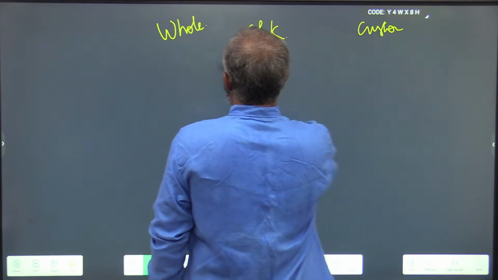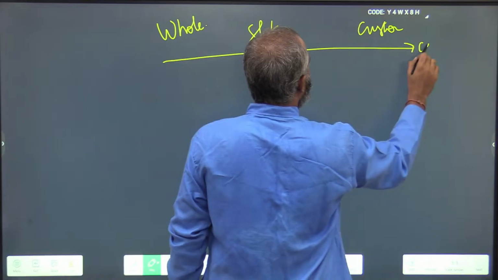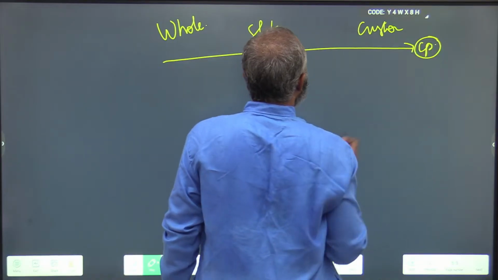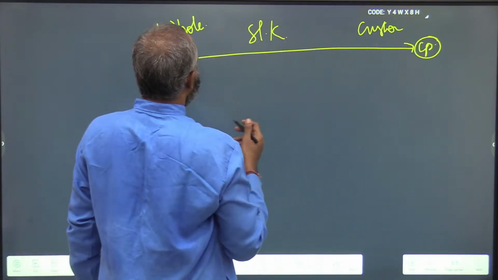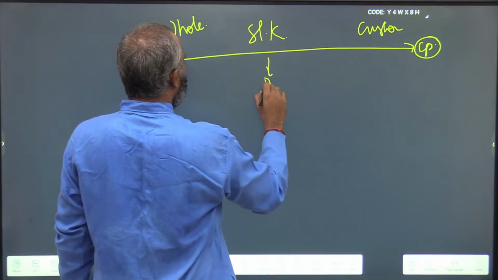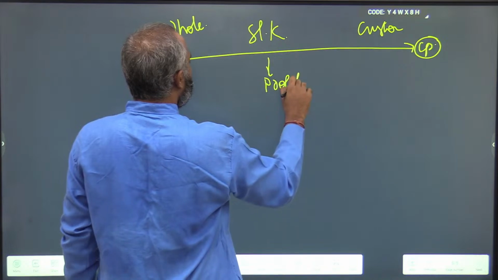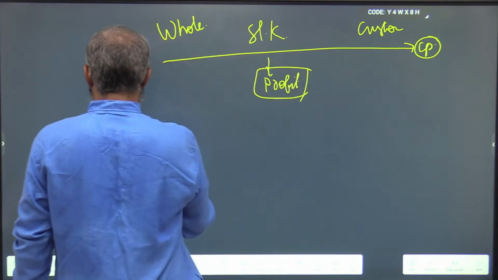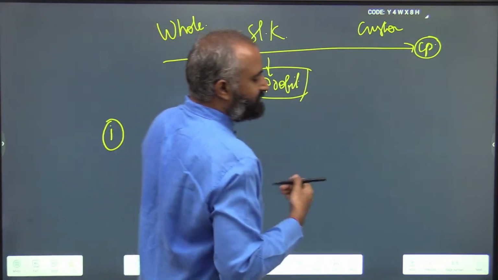Although the cost price is the same, the shopkeeper is getting a profit. Now, how do we calculate this profit?